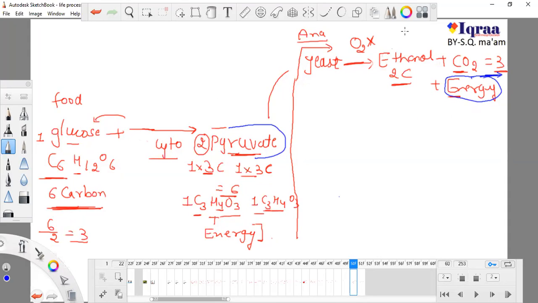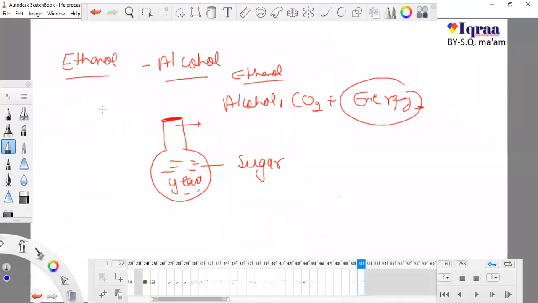Some people think that ethanol or alcohol is produced for us. You know what alcohol is. People drink alcohol and after that they go out of this world and start doing unnatural things. They are drunk. So alcohol is known as a drink, and generally it is made by using the same process with yeast.